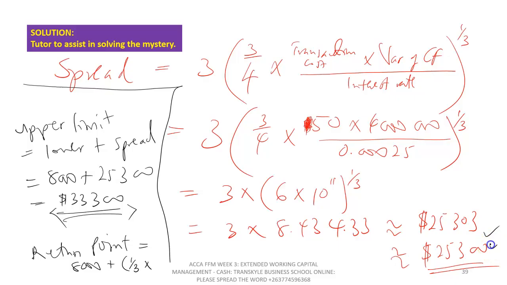The spread is this one, the 25,300. So solving that, it comes to 1/3 of 25,300 plus 8,000. This comes to 16,400 approximately.